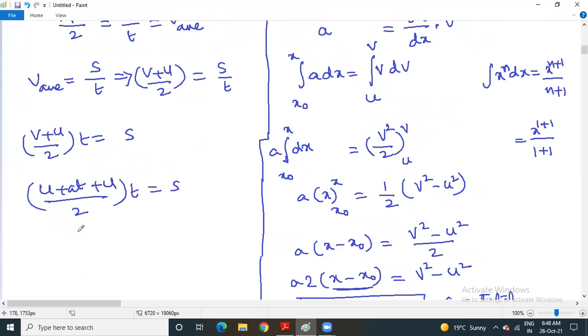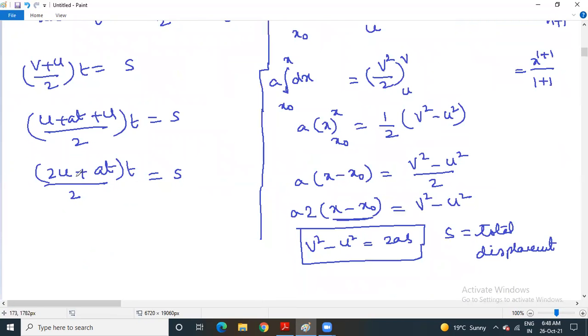Now next, (2u plus at) whole divided by 2 into t is equal to s. So it is 2ut by 2 and at square by 2.